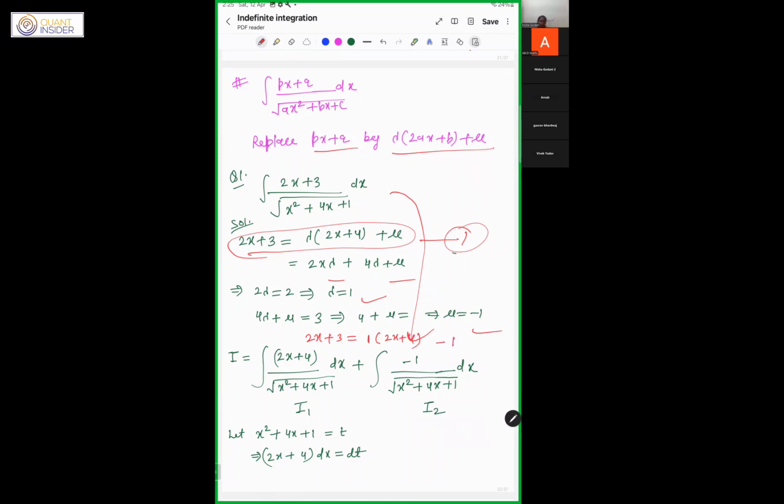By replacing 2x plus 3 with 1 time 2x plus 4 minus 1, you have the under root term in the denominator. Dividing by that under root term separately, you have these two integrations. Are you getting this step? It is written here directly, but you must know how it is written. Are you getting it?